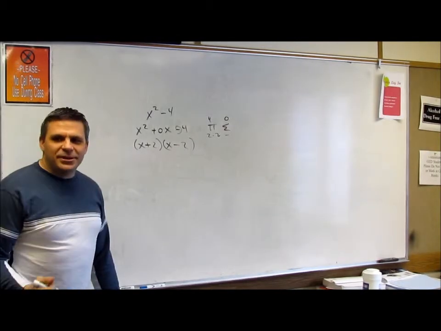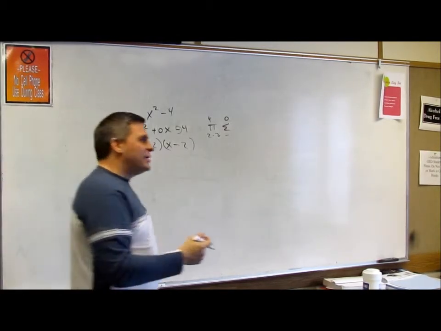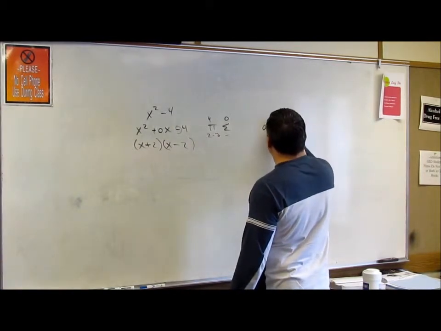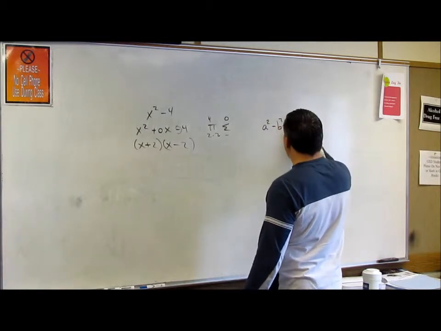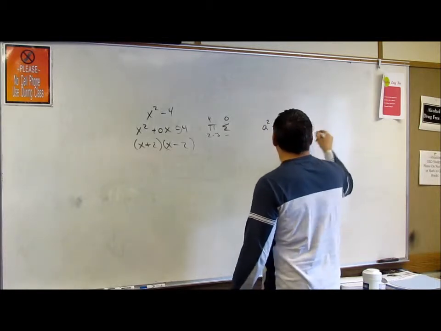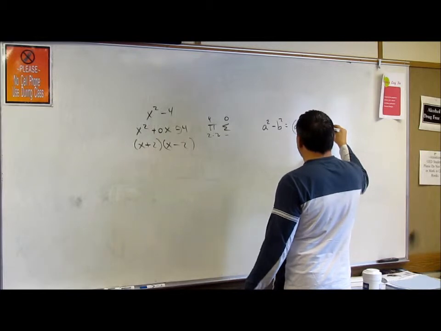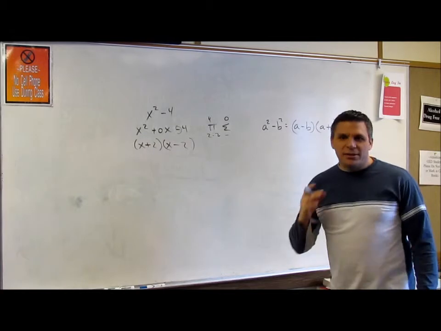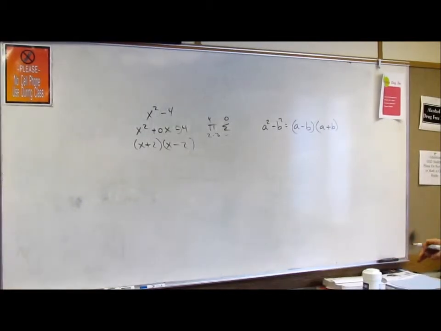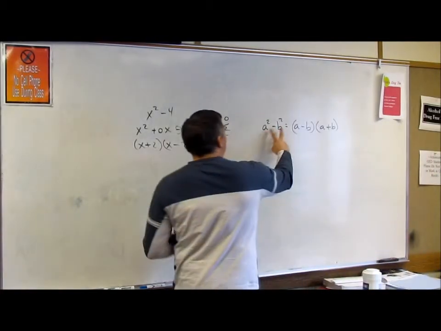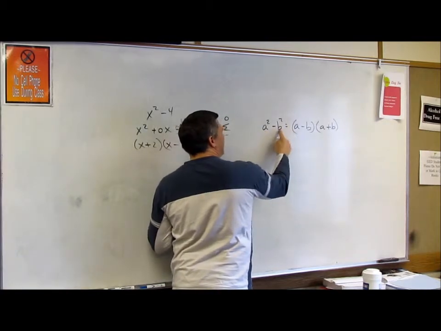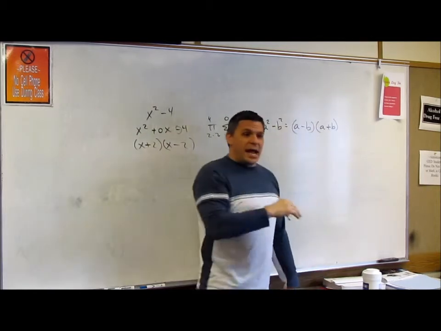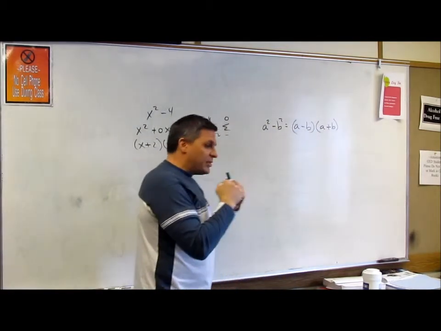Here's another way to do it though. That's the 5-step method way. Now the other way says this. A squared minus b squared is equal to a minus b times a plus b. Okay, so what happens here is you take the square root of this minus the square root of this, and then add what we call the conjugate.